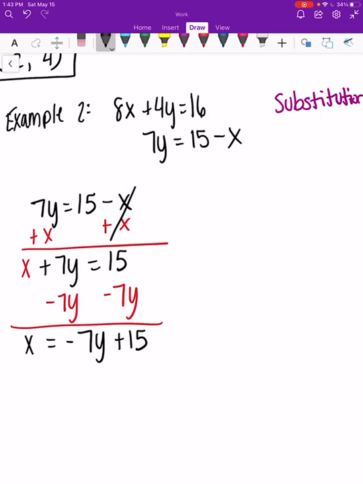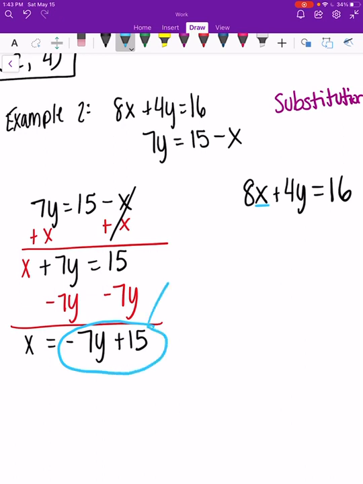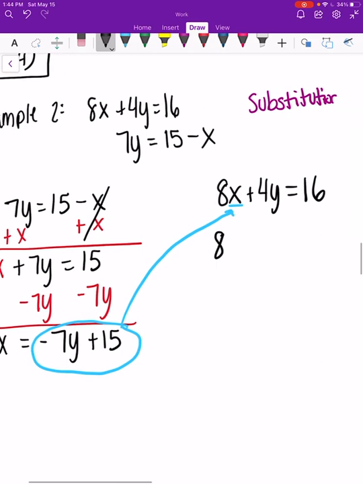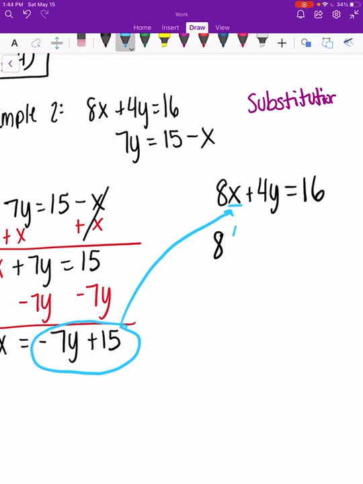So what I'm going to do is take my top equation, which is 8x plus 4y equals 16, and plug in negative 7y plus 15 for that x. And then I'll only have y's in my equation. So instead of 8x, I'm going to do 8 times negative 7y plus 15.